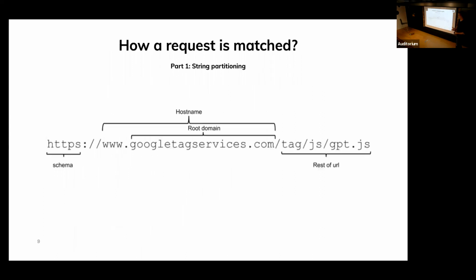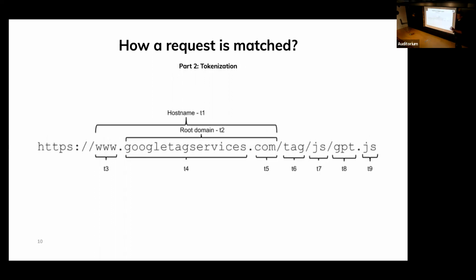Now, how a request is matched is actually fairly straightforward on that side. You have things like a host name, root domain, scheme, the rest of the URL. You tokenize every single thing to essentially a number, because working with numbers is a lot faster than matching strings, through a hash function. The hash function in this case doesn't need to be cryptographic. You just need to make sure that the collisions are fairly infrequent on similar strings, and you choose the fastest one.